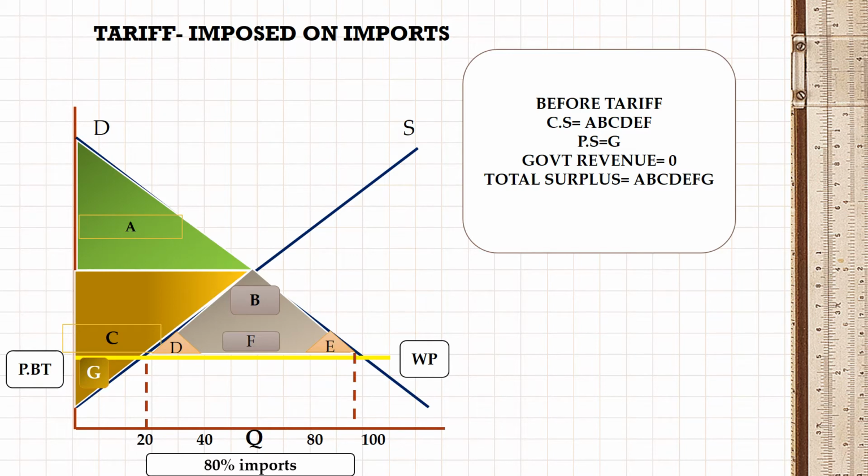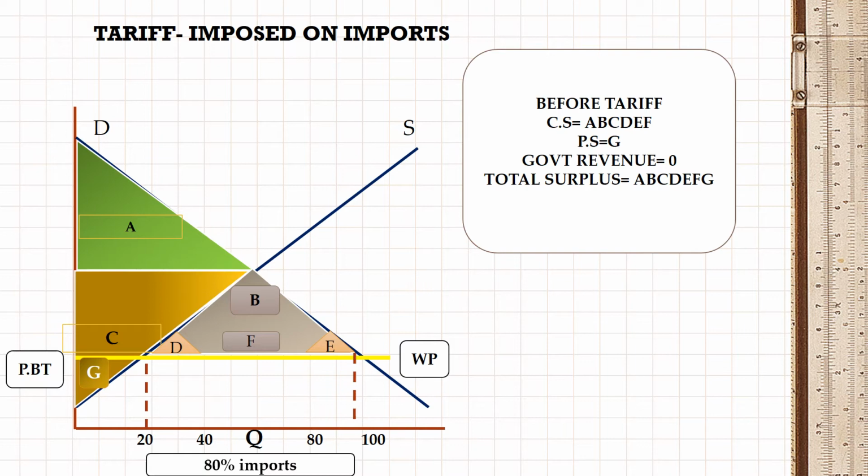At this point, you will not earn any government revenue because government earns some revenue when they levy a tax. So this is free trade at the moment, so zero government revenue. To get total surplus, you sum consumer and producer surplus, and it's A, B, C, D, E, F, G.